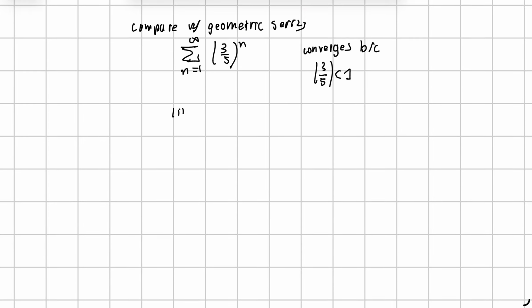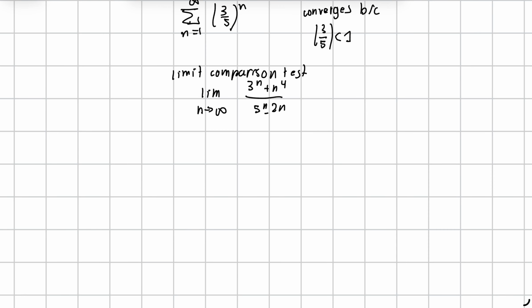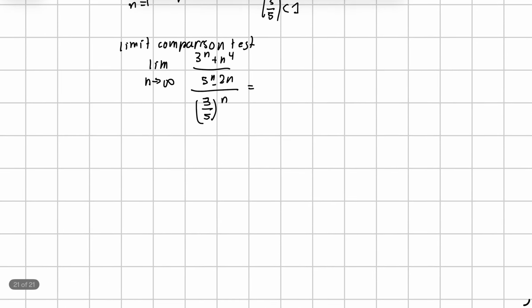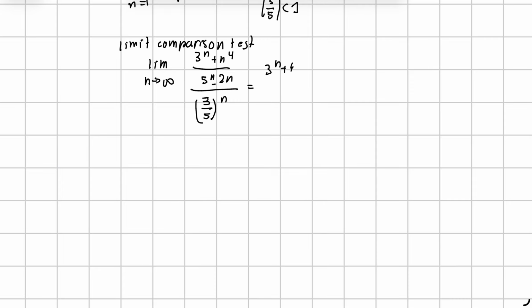So if we use the limit comparison test, we have the limit as n approaches infinity of 3 to the power of n plus n to the power of 4 divided by 5 to the power of n minus 2n, all divided by (3 over 5) to the power of n. We can rewrite this monstrous fraction as 3 to the power of n plus n to the power of 4 all over 5 to the power of n minus 2n, times 5 to the power of n all over 3^n.